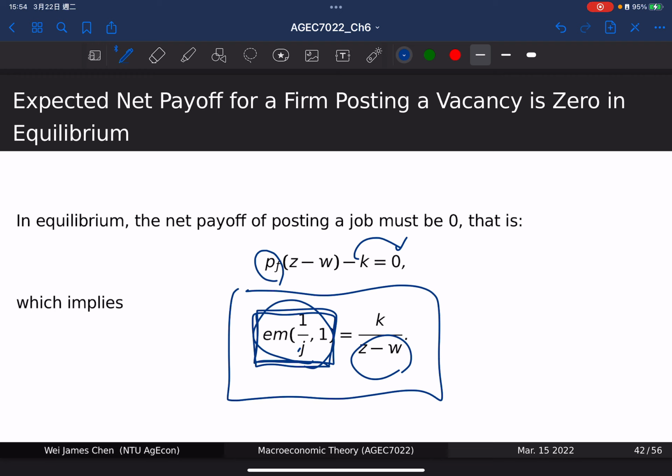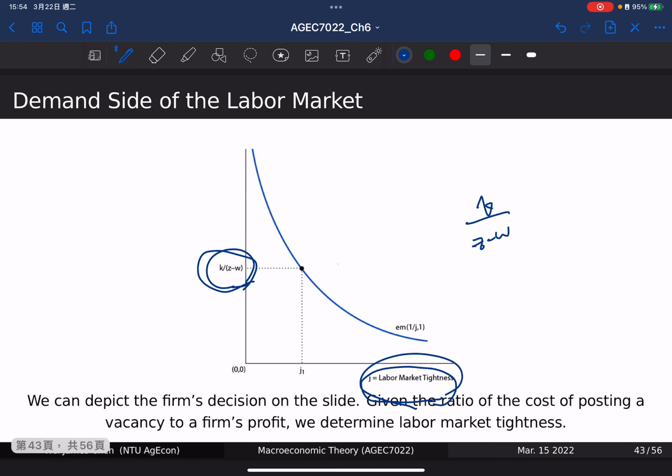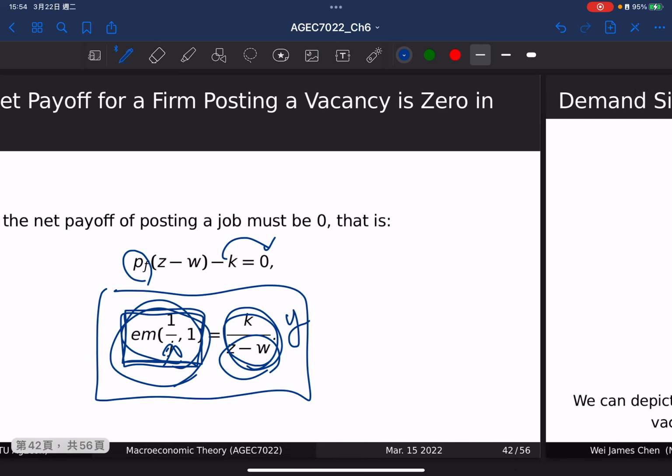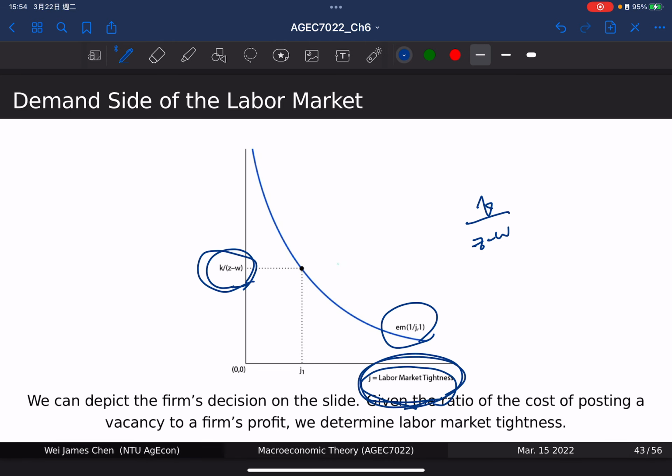If I define this as the Y variable and this is the X variable, then the relationship would basically be EM of 1 over J and 1. So that's why I write EM of 1 over J and 1 here. I changed the label a bit, otherwise I won't get the x-axis as J here. The reason why I need it here is because it tells me the tightness, which is the key variable here.